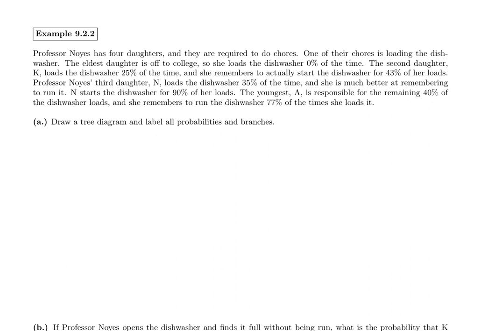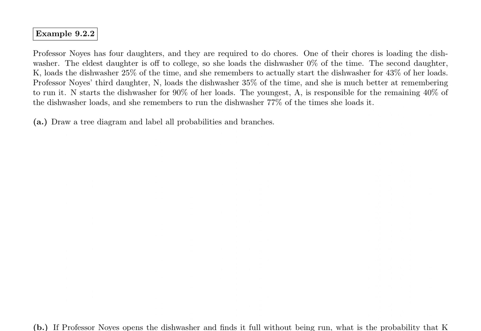Professor Noyes's third daughter, N, loads the dishwasher 35% of the time, and she is much better at remembering to run it. N starts the dishwasher for 90% of her loads. This is probably still true, honestly. The youngest, A, is responsible for the remaining 40% of the dishwasher loads, and she remembers to run the dishwasher about 77% of the times she loads.